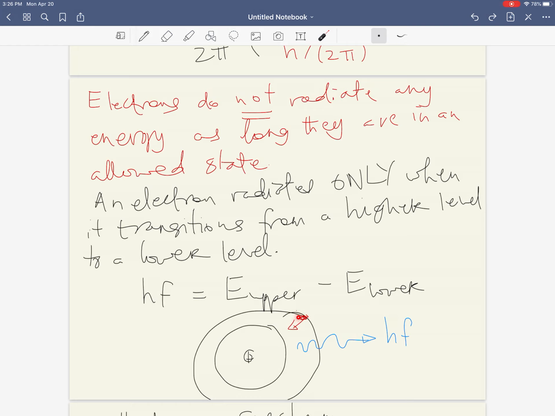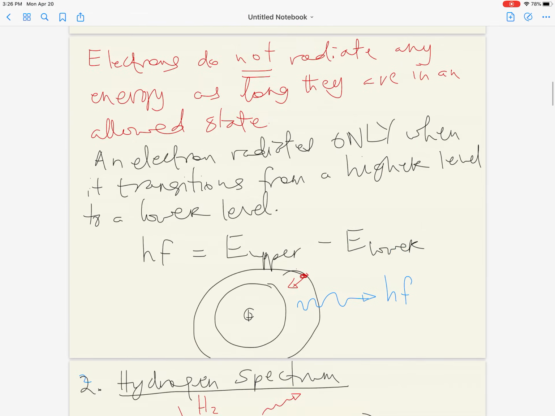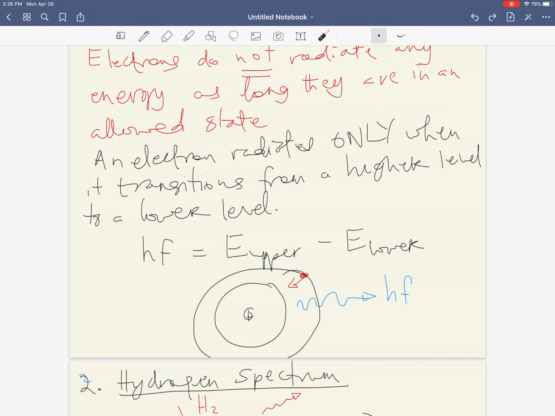So an electron in an upper level can decay to a lower level, and in the process, a photon of energy is emitted. So these ideas that we've discussed so far constitute the Bohr model for an atom. And what we're going to try to do next is to show how successful the Bohr model is, at least in the case of hydrogen.